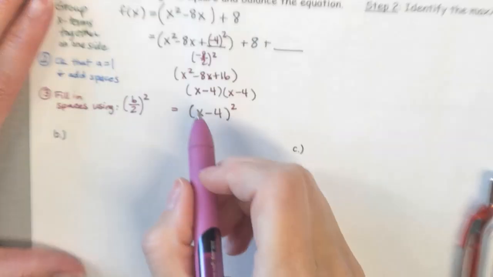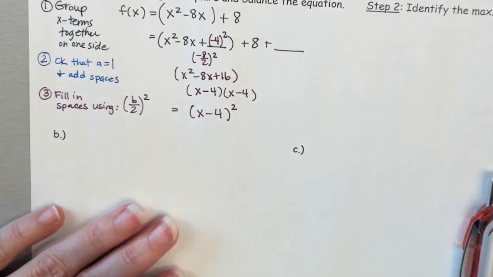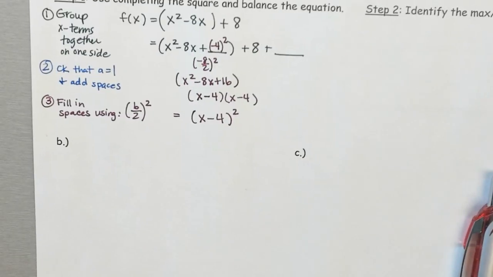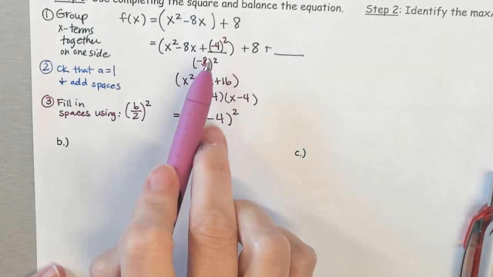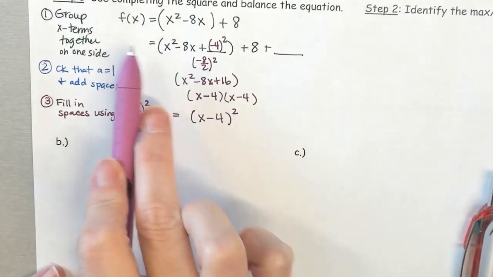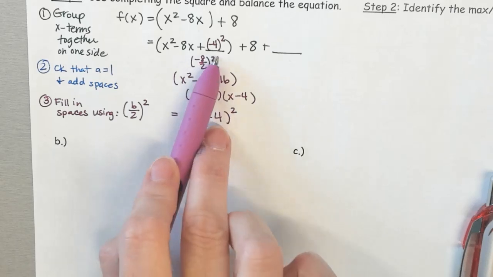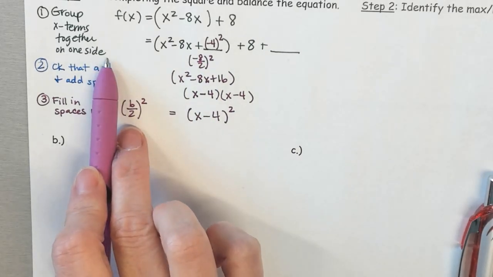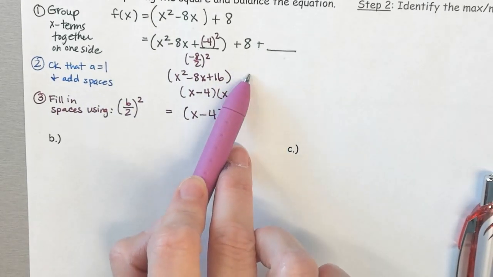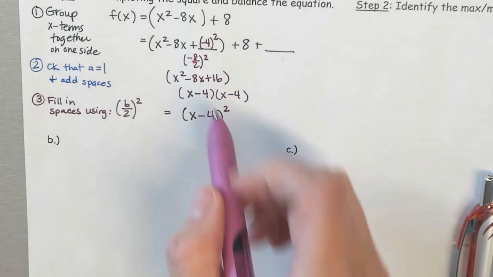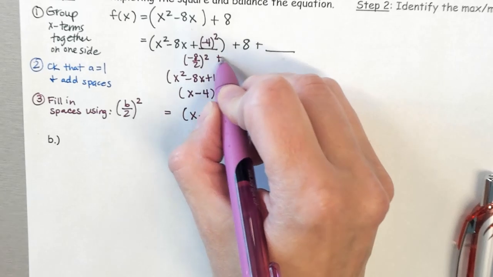Okay. All right, so once you have done that, this is a little bit different. Before, when we did completing the square, what we would do is we would add something to opposite sides. And your rule with algebra is whatever you do to one side, you do to the other. But if you're working on the same side, do you guys know what we have to do? Because really, what I did here is I added 16.